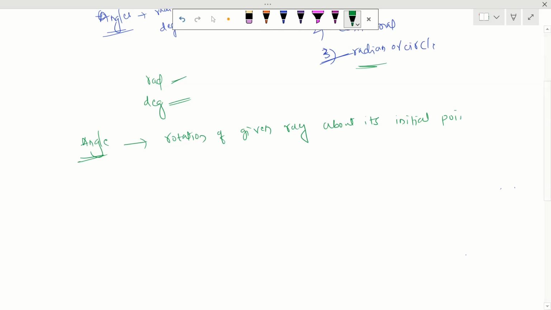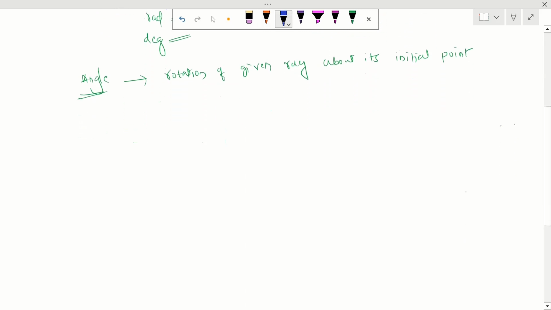So what is the meaning of this? Suppose we have this ray, called OA. This ray is rotating at the point O. Rotating means it is shifting by some angle, and the final position of this ray is OB.